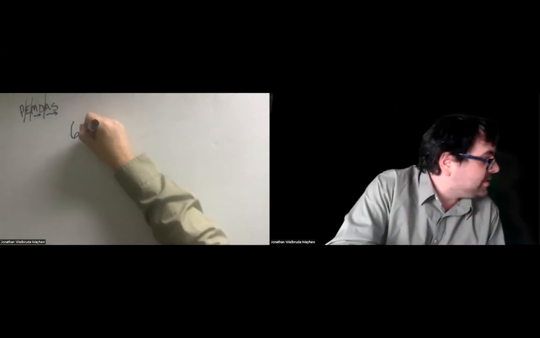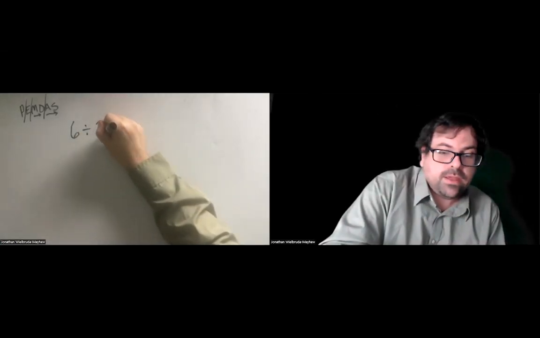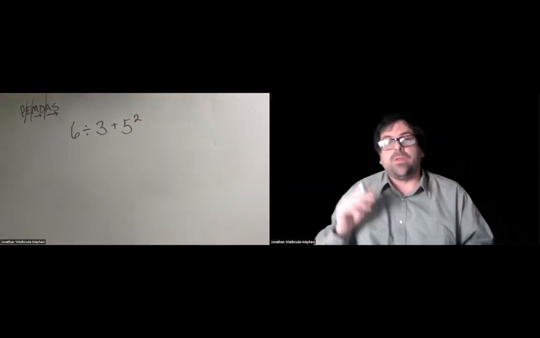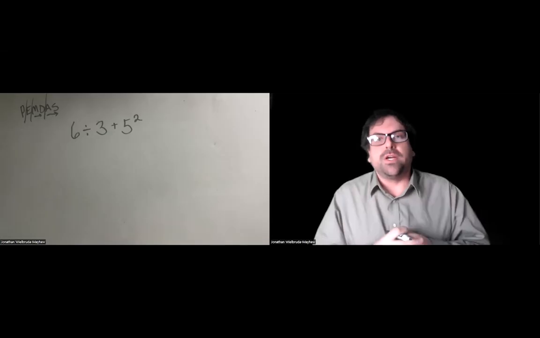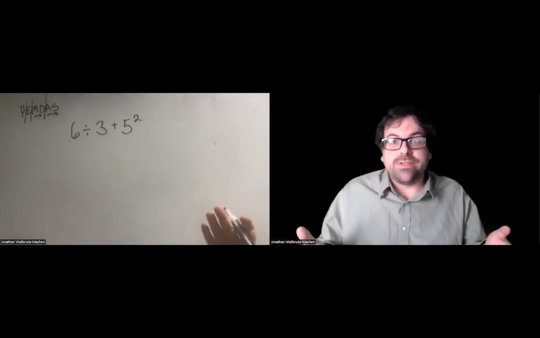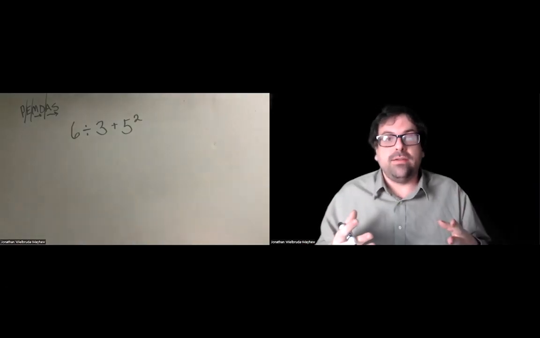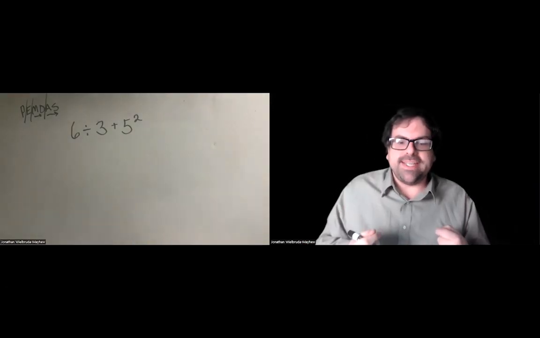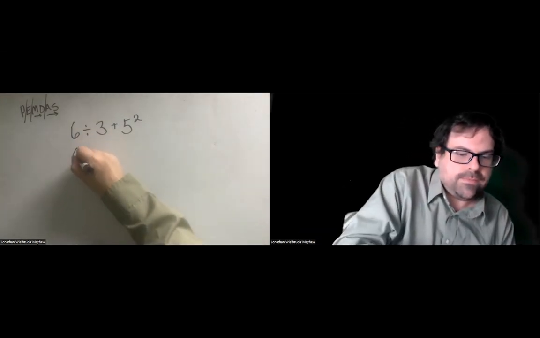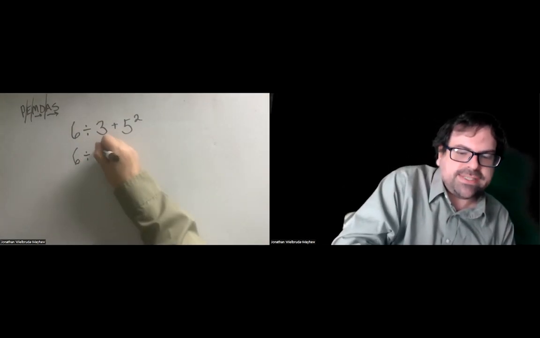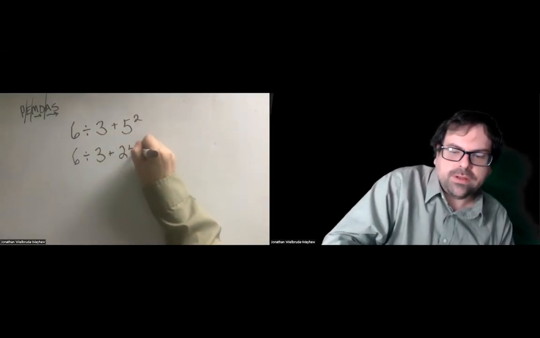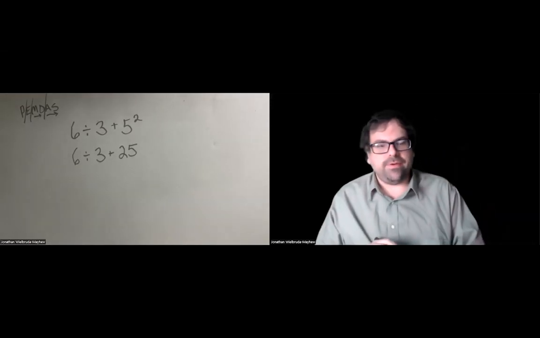Let's take a look at 6 divided by 3 plus 5 squared. Order of operations says first we work inside parentheses and grouping symbols. We don't have any of those, so we move on. Order of operations says next we do E, we do exponents. Everything else stays the same. 5 squared is 25.